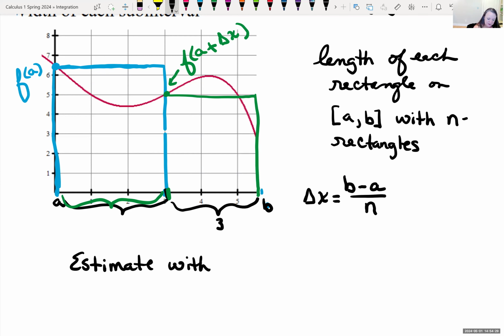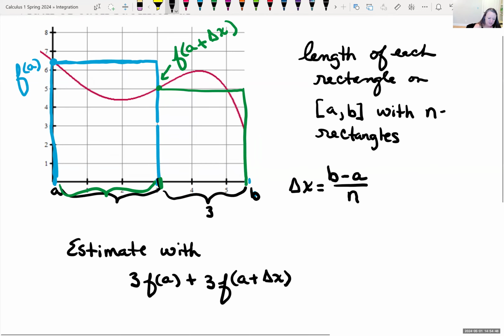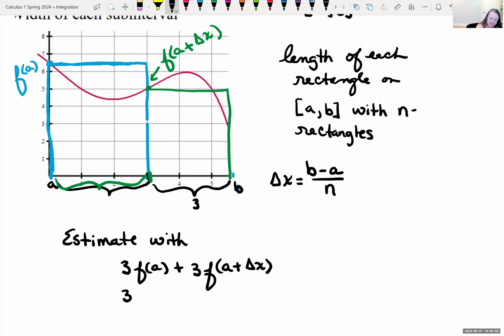with two rectangles, left-hand bound, we would look at the area of each, which would be 3 times f of a plus 3 times f of a plus delta x, which in our case is really 3 times f of 0. F of 0 here, notice, is 7.5.